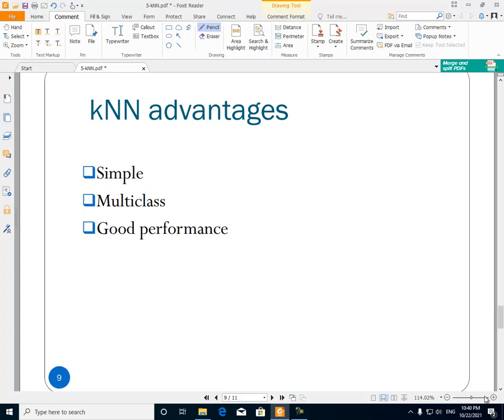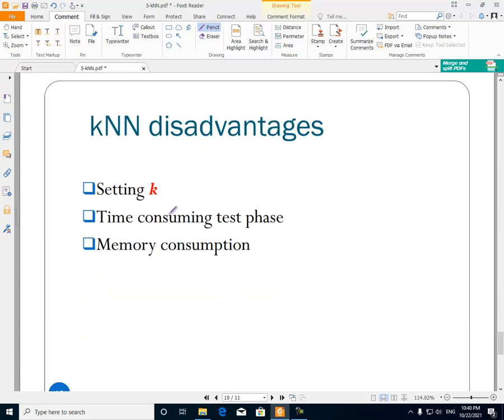And the other advantage is the performance. The performance of KNN is good in different data sets. Some of the disadvantages of KNN is setting K. We have to set the value for K. K is the number of nearest neighbors we choose to do the prediction.